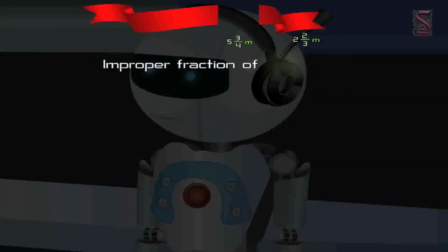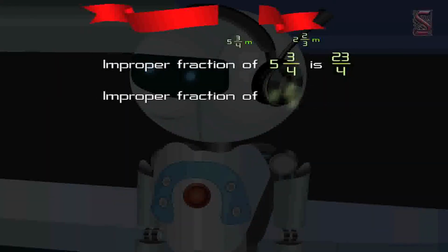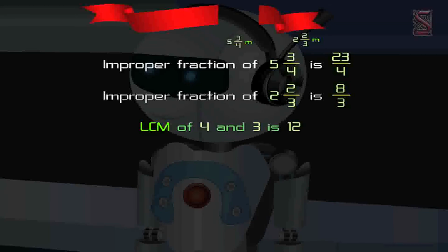First, convert the mixed fractions into improper fractions. Find the LCM of the denominators. LCM of 4 and 3 is 12. Then convert them into equivalent fractions with denominator 12. The equivalent fraction of 23 by 4 with a denominator of 12 is 69 by 12.